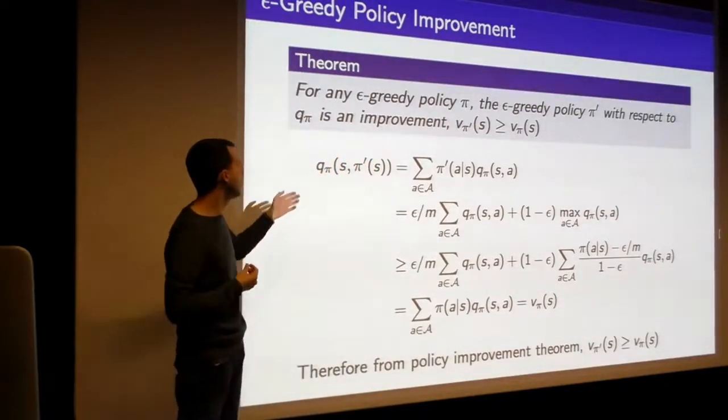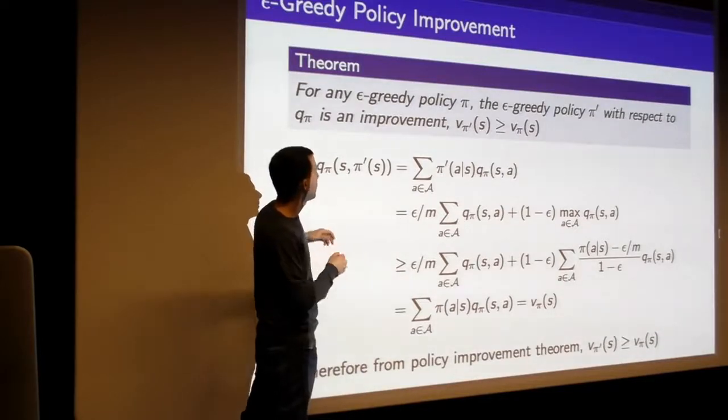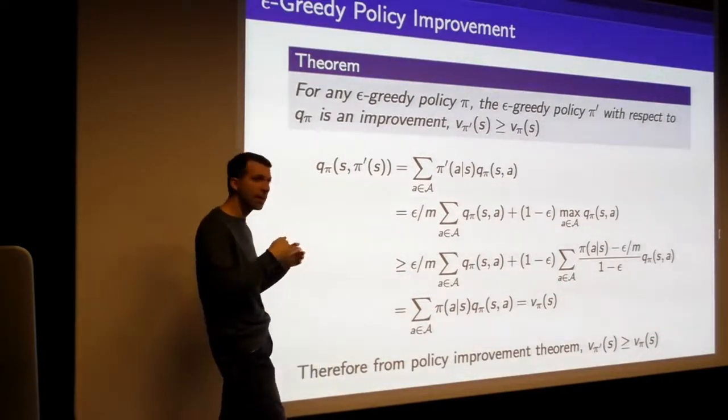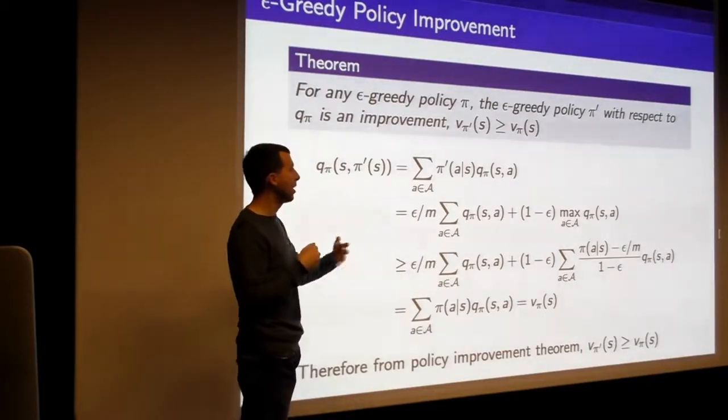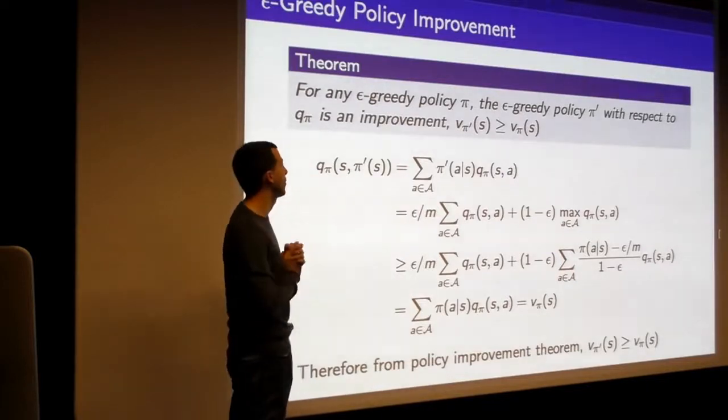So the simple proof here is the same idea we saw in the dynamic programming lecture, where we're just going to prove this over one step, and then we're going to argue that that whole thing telescopes by unrolling it using the Bellman equation.